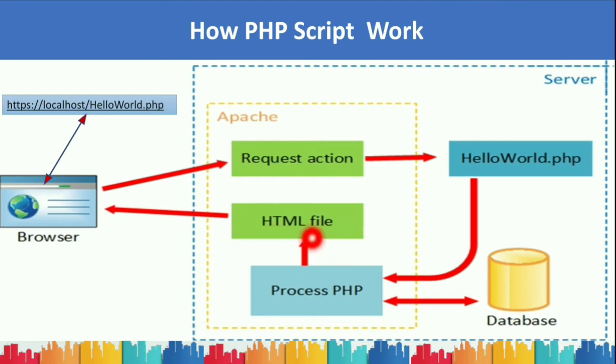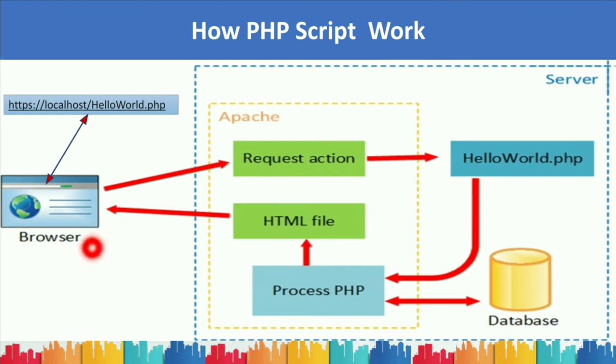This is the output generated by the PHP server and it will return back to the browser. This is the response. So we request the PHP program to be executed and we get an HTML file as the response. This is how a PHP script works. The developer will view the output using this browser, and all this process is done behind the screen. It will not be visible to any developer or any user.